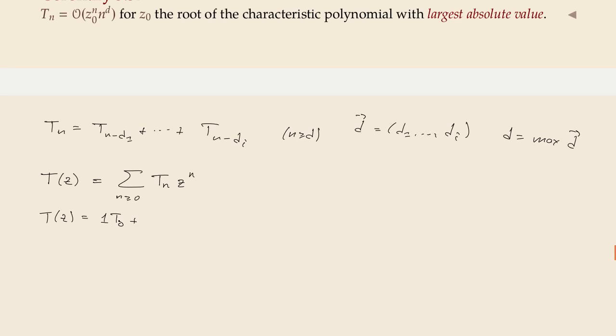So let's just keep them formally here as some constants that we don't care too much about. And then the sum starts at d. And for these t's, we can use the recursive representation.